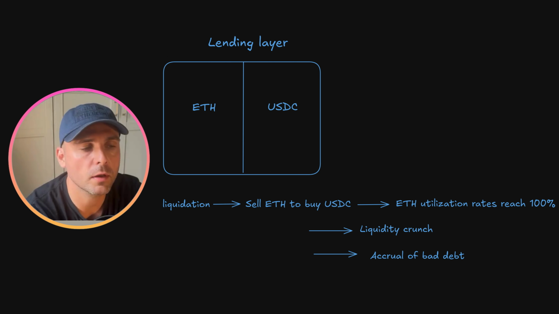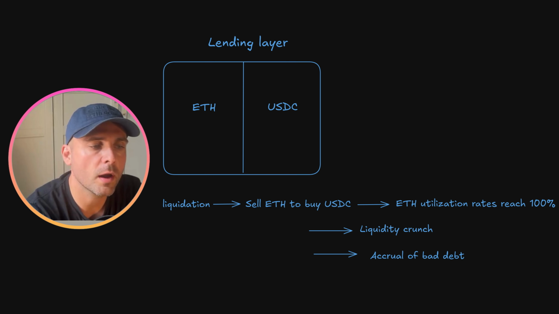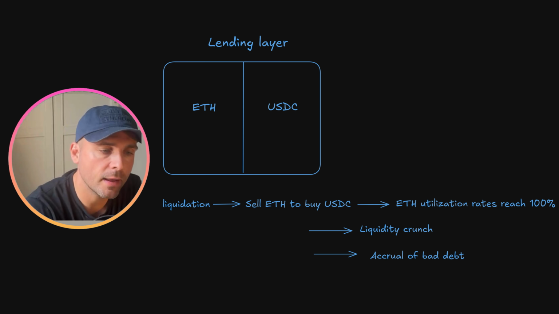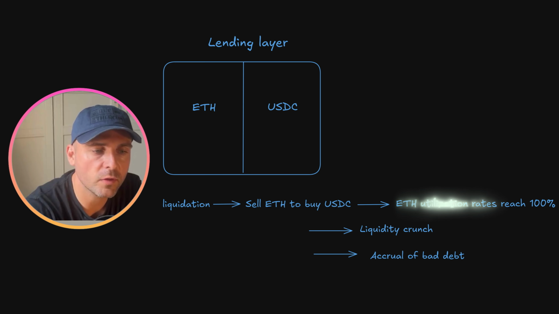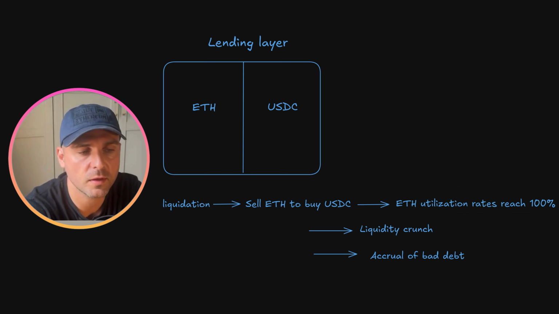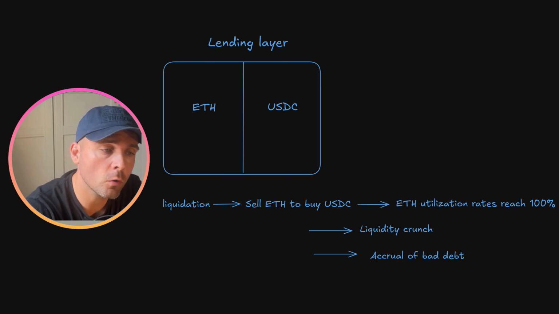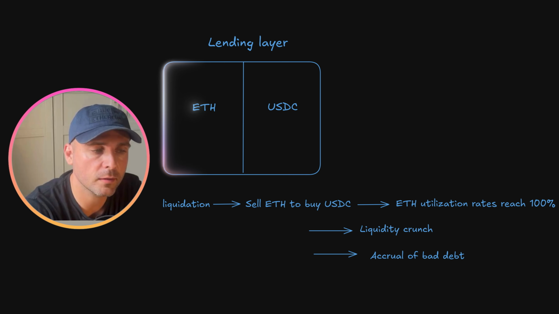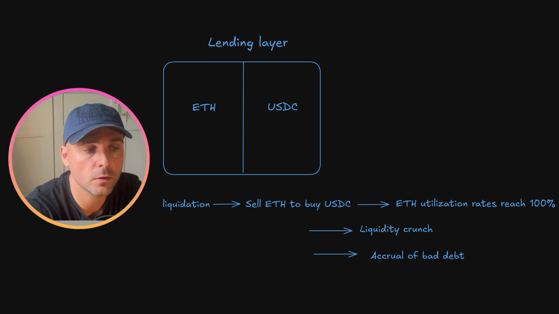Well, since over-collateralized lending protocols always rehypothecate the collateral assets for borrowers to earn lending rates on them, the ETH to be liquidated is not always fully available. And hence, we see the utilization rates of ETH quickly reach 100%. And as a result, there's no ETH available to be liquidated and reimburse the unhealthy debt.